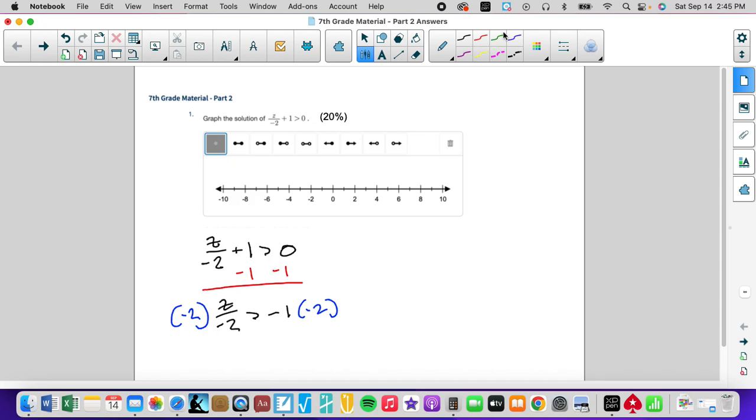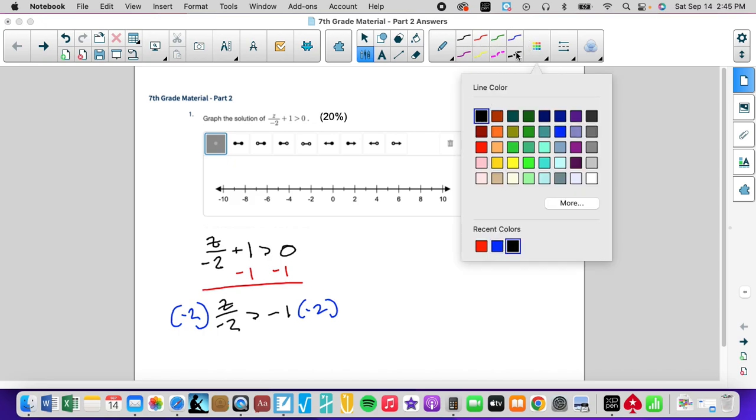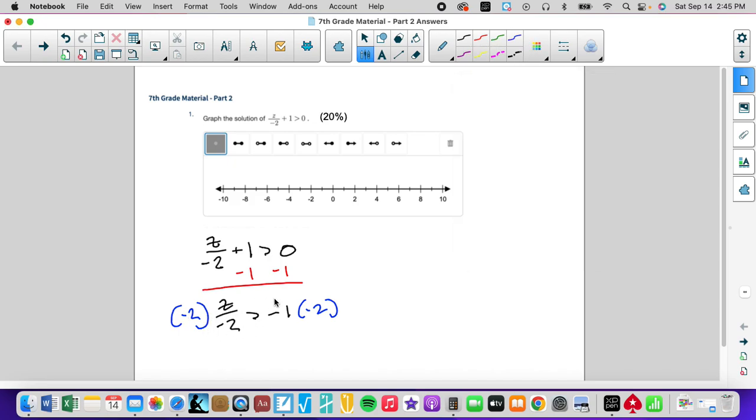And this is where a lot of students probably made their first mistake. Whenever we multiply both sides of an inequality by a negative, we're going to flip the inequality sign. It was greater than, now it becomes less than. -1 times -2 is +2. So my solution is z is less than 2.